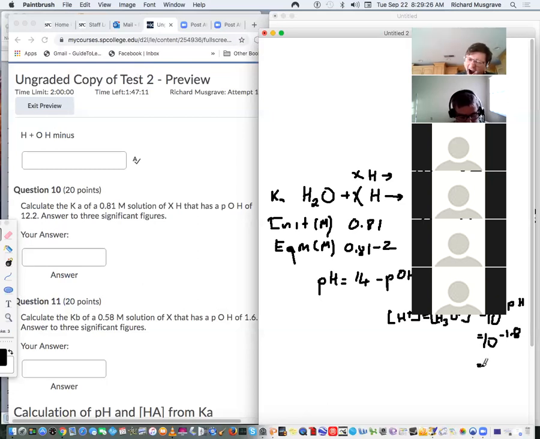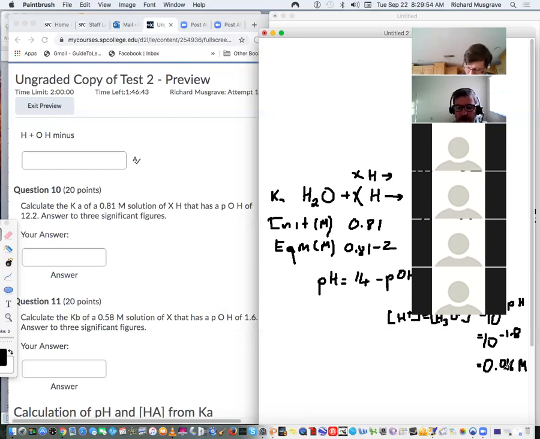So when I do that, let's have a look. I get 0.016. Two significant figures there. All right, I'm going to stop here for a second.